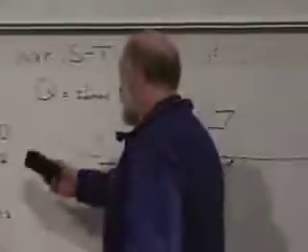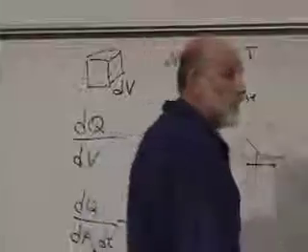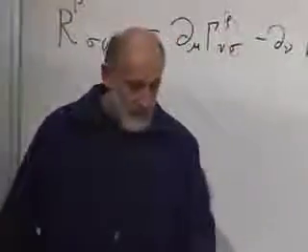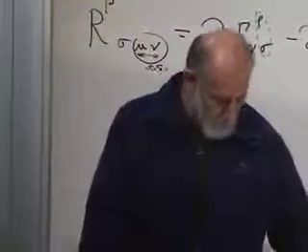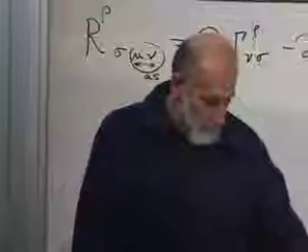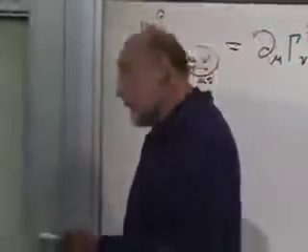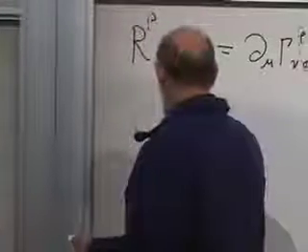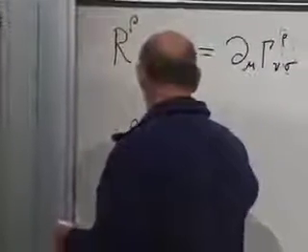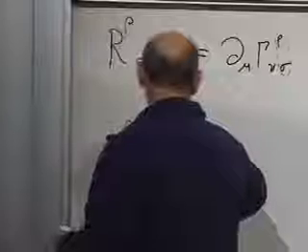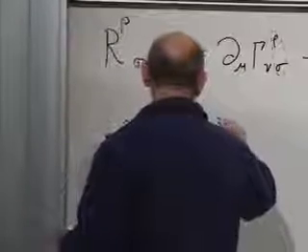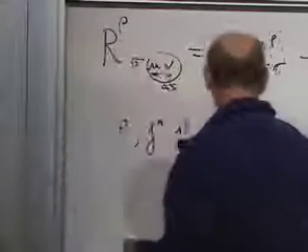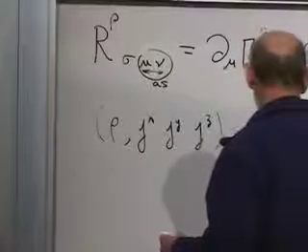And these objects together form a 4-vector. It's natural to group them together into a 4-vector. And that 4-vector is called the current, the 4-dimensional charge current. You group together rho, Jx, Jy, and Jz, and those you just call J mu.